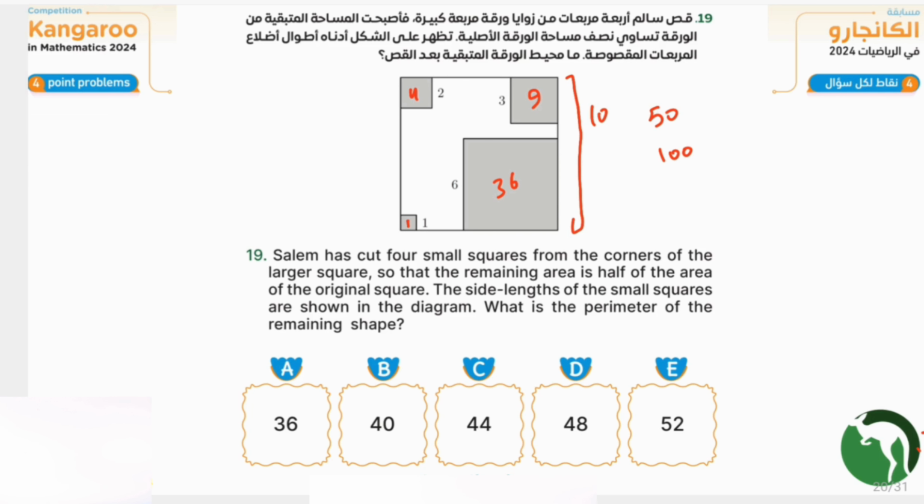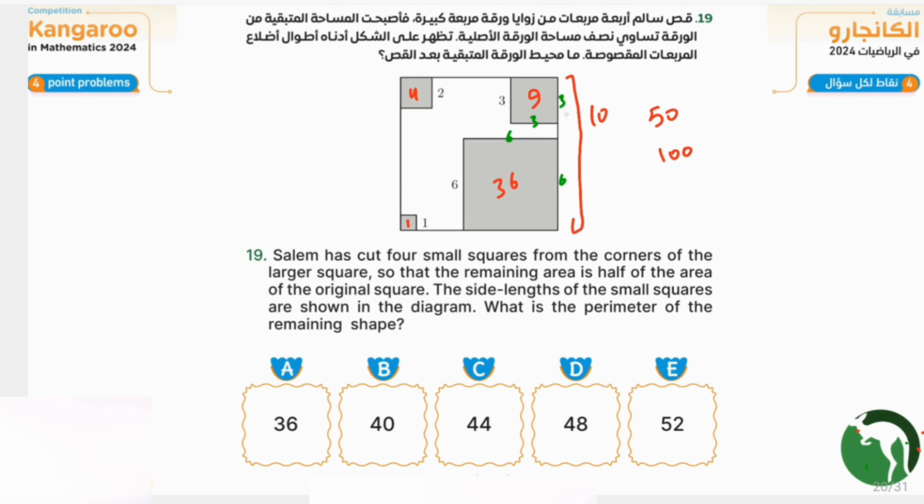Now we will continue and see the perimeter. I will use a different color. So this one is 6, and this one will be 6, and this one will be 6, and this one will be 3, and this one is 3.